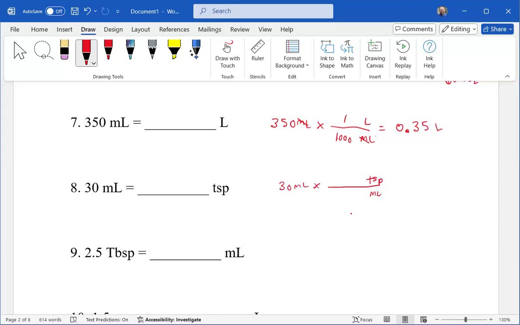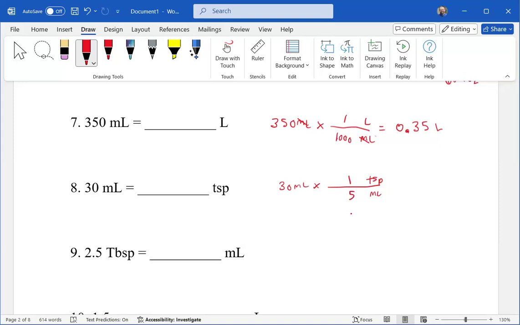Sometimes you'll see teaspoons abbreviated as just little t, and tablespoon abbreviated as big T, just in case you see that. A lot of times you'll see that in recipes more so than on these tests. But all right, what you need to know is the conversion for teaspoons to milliliters: 1 teaspoon is equal to 5 milliliters.